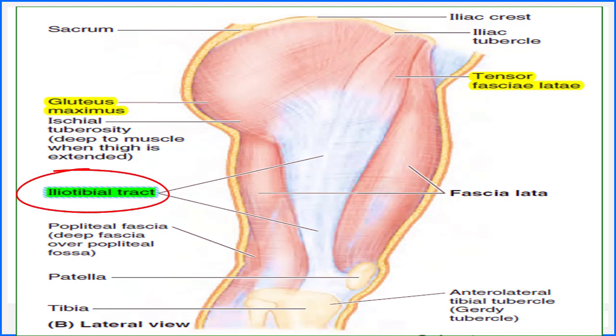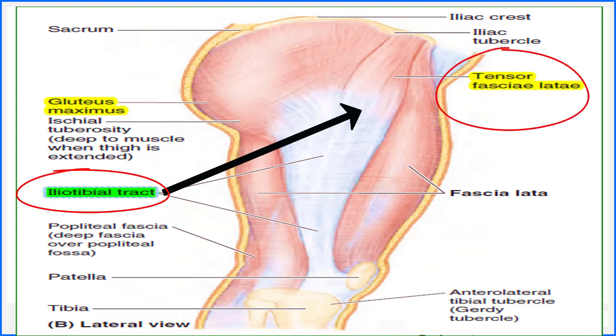The iliotibial tract, you know, is also on the lateral aspect of the thigh, and follow it till the top, and on the top or above surface of the iliotibial tract you will see a smaller muscle that we name as tensor fasciae lata muscle. The iliotibial tract is also important because some important muscles will insert on it, we will see.